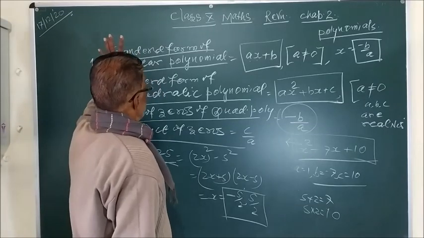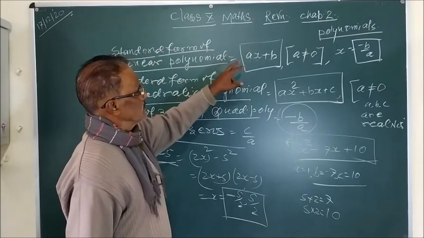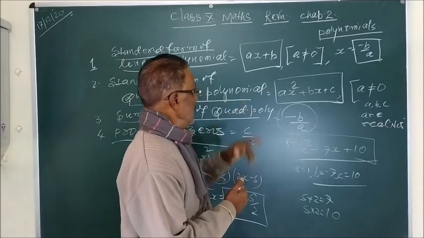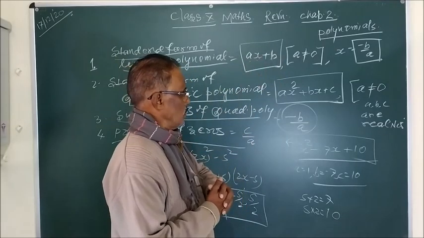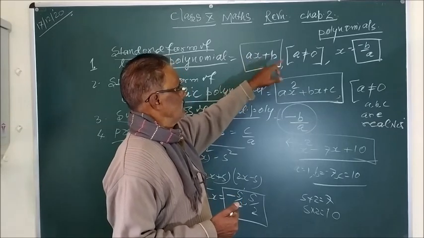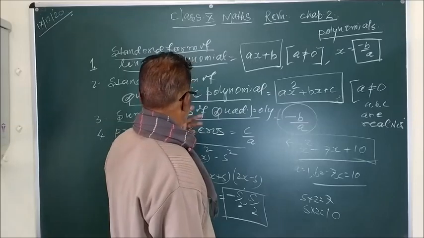So the standard form of a linear polynomial is ax plus b, a and b are real numbers, x is a variable, and a should not be equal to 0. And the zero in this form will be minus b by a. You can understand the example.